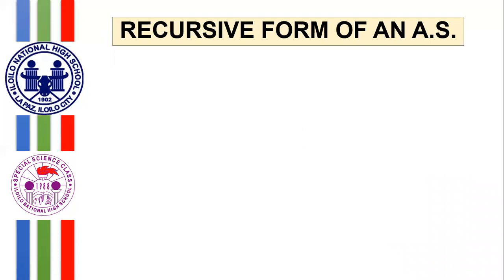In the last videos I gave you, we talked about the recursive form of an arithmetic sequence. Before we discuss the answer to that question, let me give you an example. Let's say we have this simple arithmetic sequence, 1, 3, 5, 7, and so on, with the first term a sub 1 equals 1, and a common difference of 3 minus 1, which is 2.